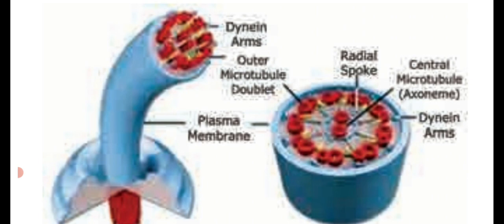Radial spokes are also present there. The outer microtubules are doublets containing nexin. So nexin links the outer doublet to the central microtubule. The dynein connects the central microtubule to the outer doublet.